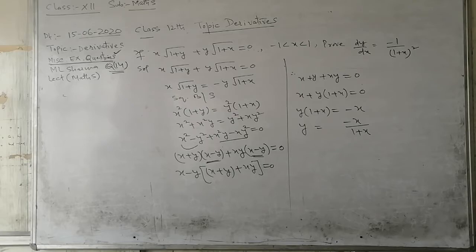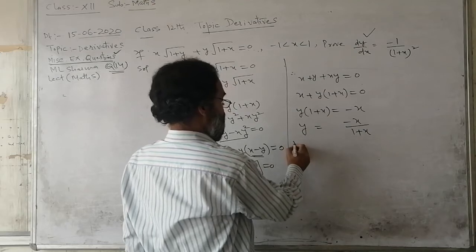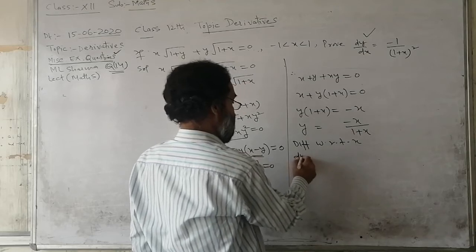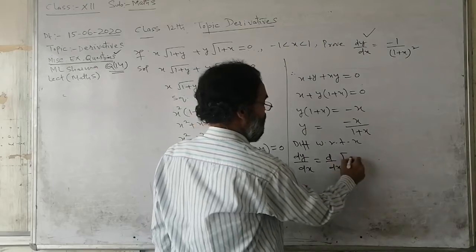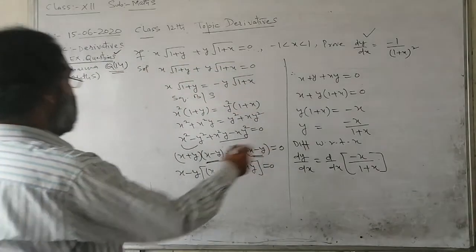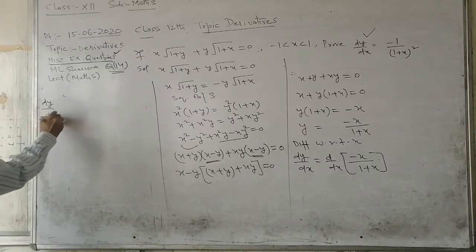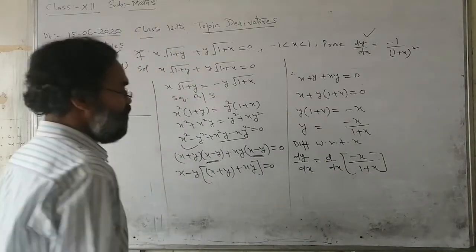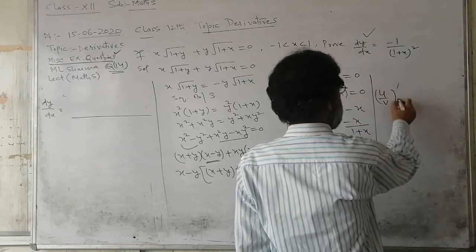Now I have to find the value of dy upon dx. So differentiate with respect to x, dy upon dx equals d upon dx of minus x upon 1 plus x. So I have to differentiate this. So dy upon dx will equal, here it is a case of derivative of quotient of two functions, and this formula is known to you.